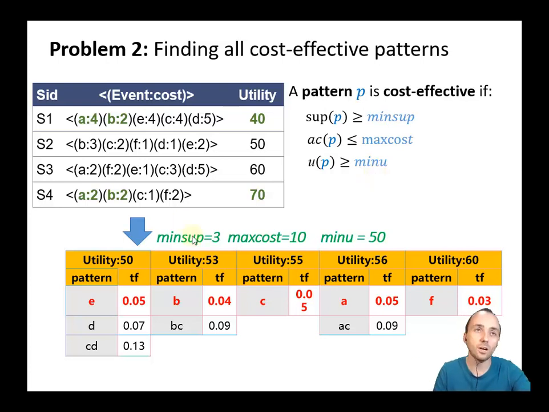So here I show you a full example. I use the database you can see on top. I set the minimum support to 3, the maximum cost to 10, and the minimum utility to 50. So I will find different patterns. For example, I find some patterns that have the utility of 60. The pattern F has a very low trade-off, and it gives you a high utility. So 60.